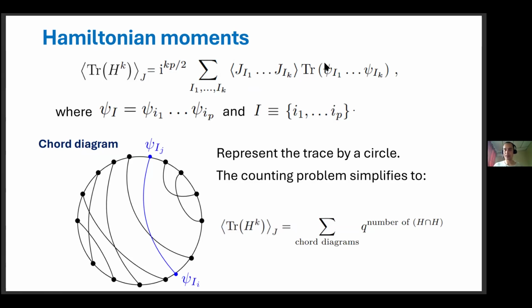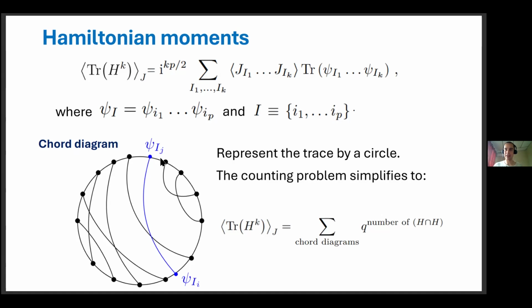You express them in terms of a trace over strings of p fermions. Using the double scaling limit, there is a nice picture where you map the system into a representation in which the trace is given by a circle, and the insertion of these strings of fermions is given by each of these vertices, given the Gaussianity of the distribution of the couplings.